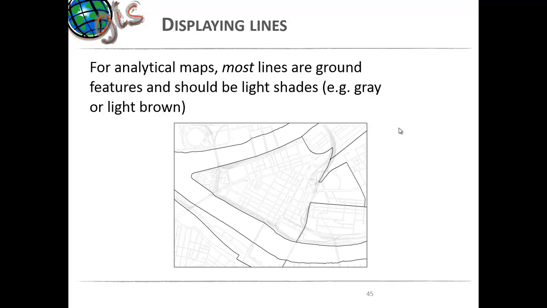Displaying lines. So moving on to line vector data. For analytical maps, most lines are ground features. Most of the maps we work with as planners or real estate people or whatever our field is, a line is typically a background.